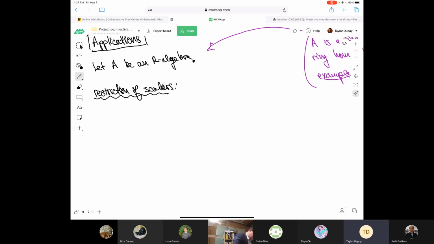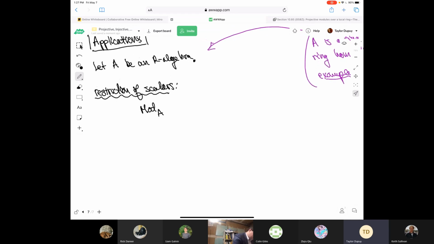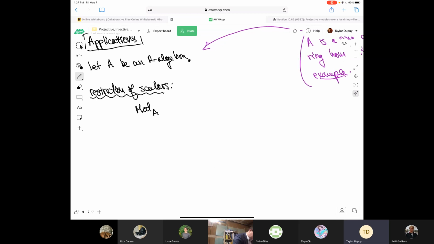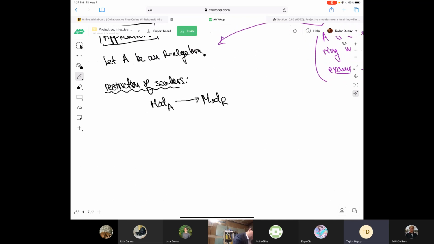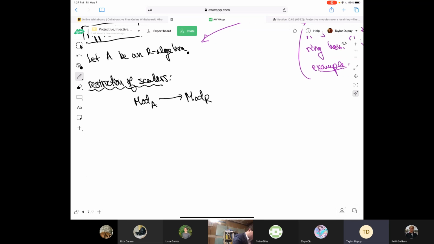It's a functor from modules over A to modules over R. So how could you define this? Can someone think about how to define this?